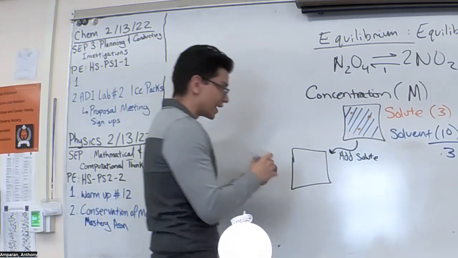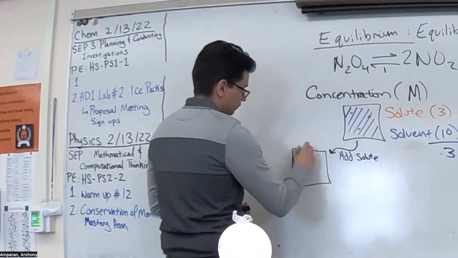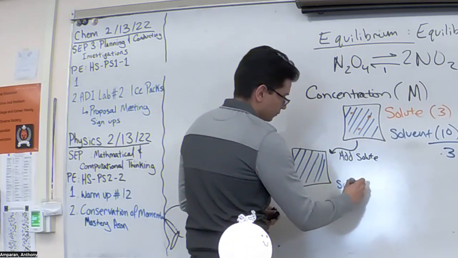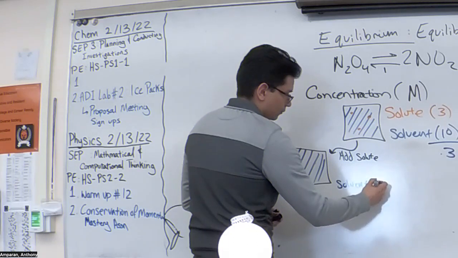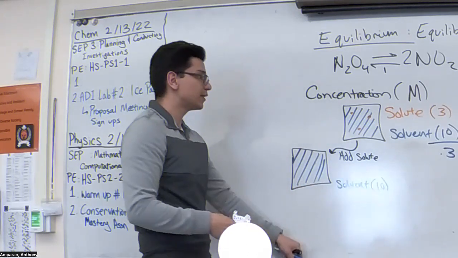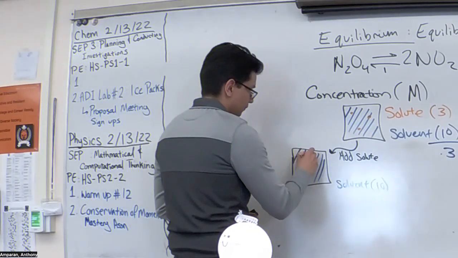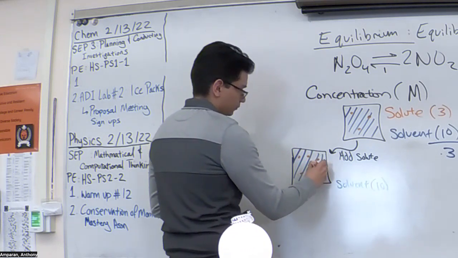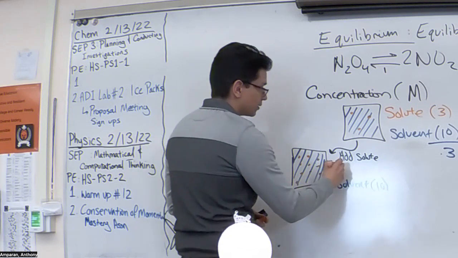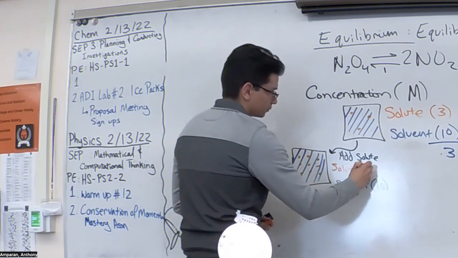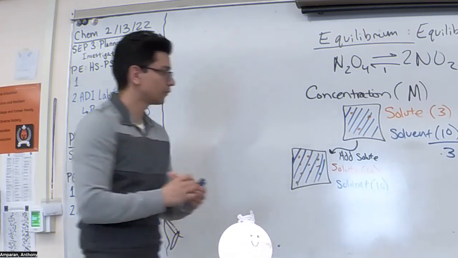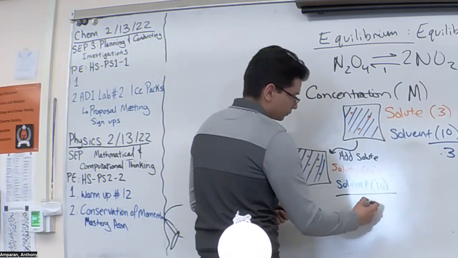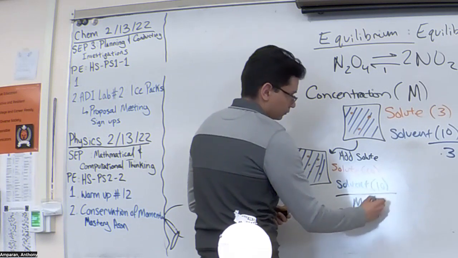If I have the exact same amount of solvent, exact same container, exact same amount, but all I did was increase my number of dots, like now I have 10 dots, well, now my concentration would be 1.